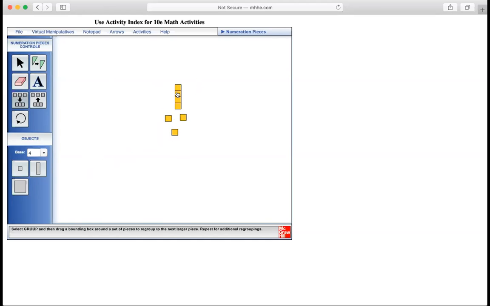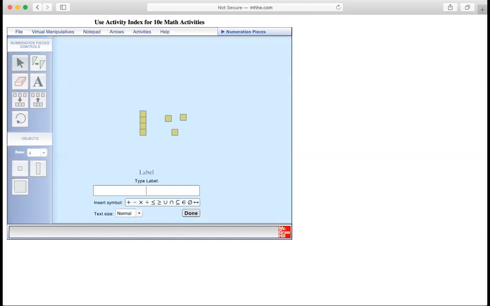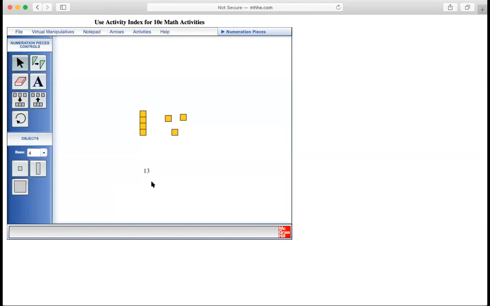No. So thinking about it as place value, we have one group of 4 and 3. One rod, this is our second place value. So this is a 1 and then a 3. We would call that 13. Here we go, label: 1, 3. One rod and 3 leftover ones.